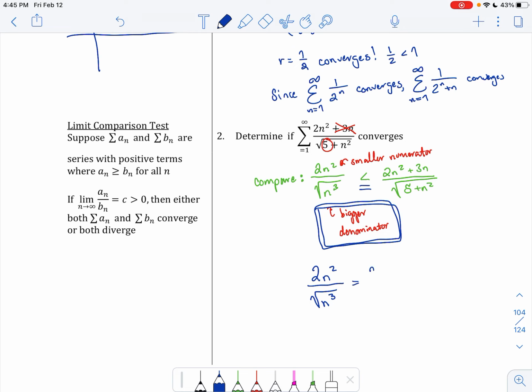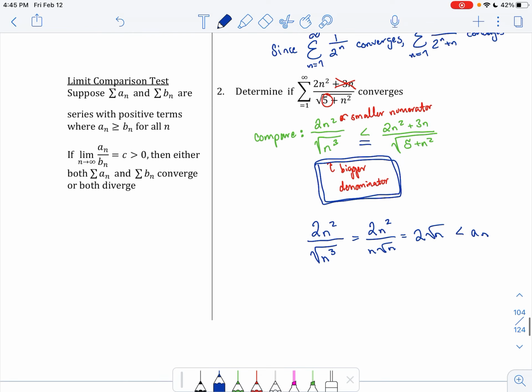This simplifies to 2n squared over n root n. We could also write it like this: 2 times root n. Now, since this is less than our series that we're given, a is the bigger one.